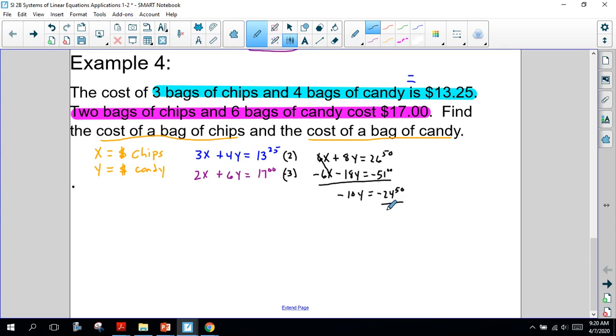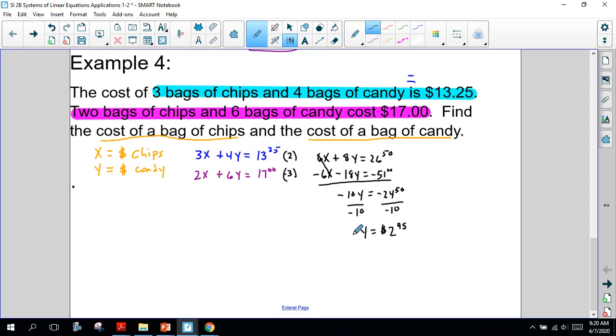Well, to solve this I divide by negative 10 on each side, so y ends up equaling, when you divide by 10, don't forget the decimal just moves over once, $2.45. Okay, so the final answer for a bag of candy is $2.45.